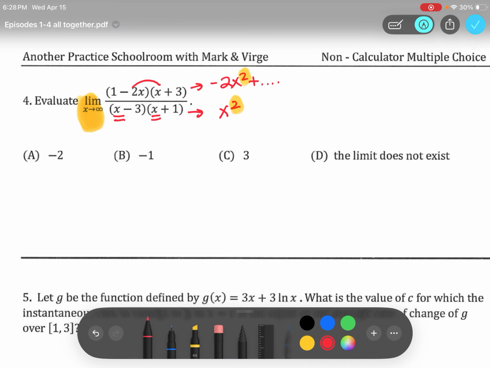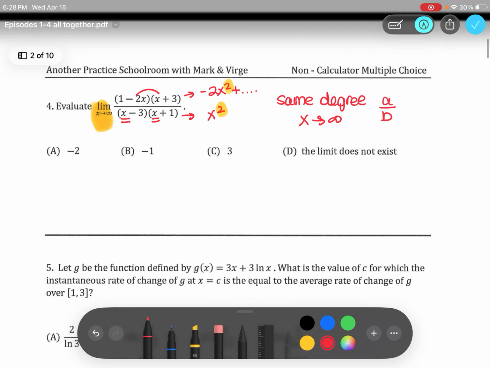If it's the same degree, as long as x is approaching infinity, which it is, the answer is going to be A over B, which is leading coefficient over leading coefficient. And so your leading coefficient is negative 2 over 1. My answer is negative 2.